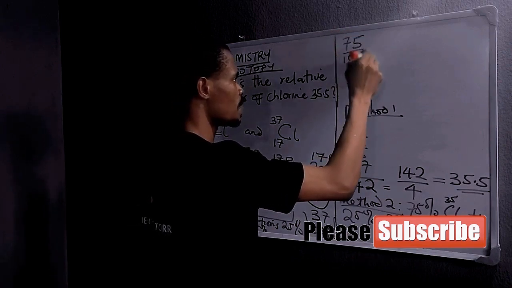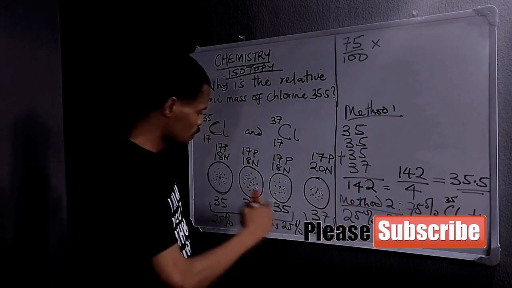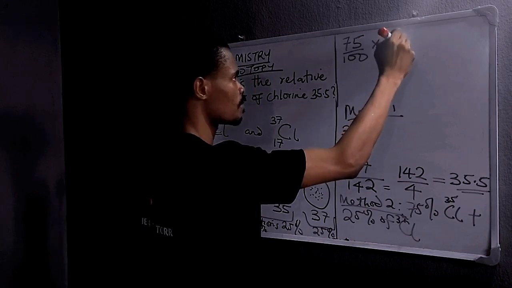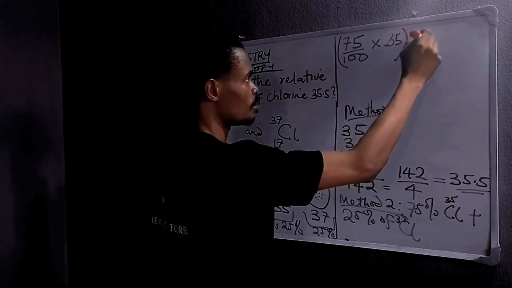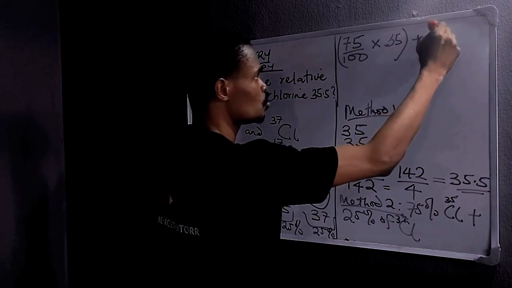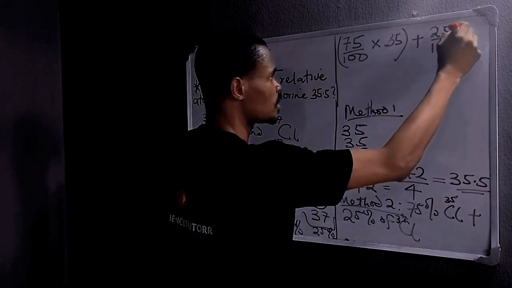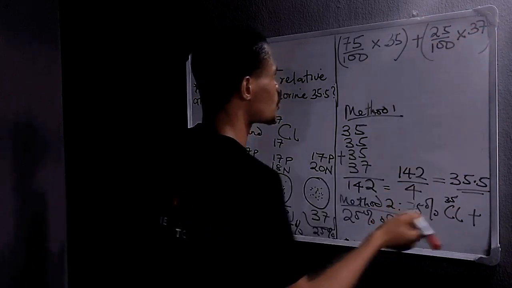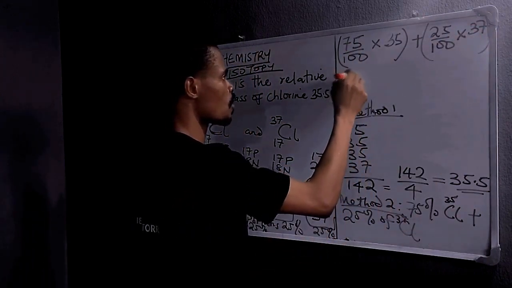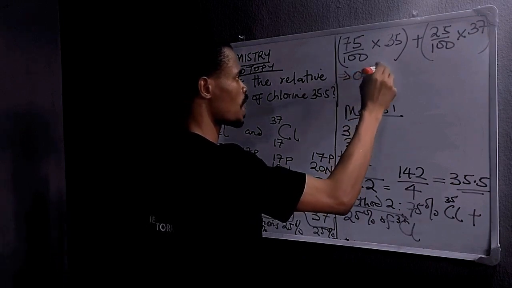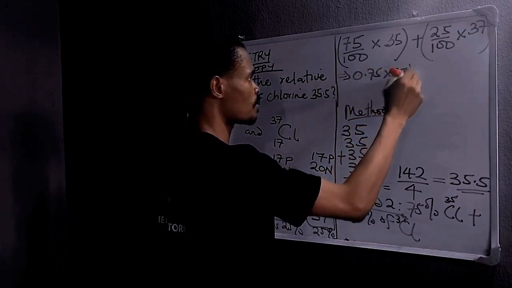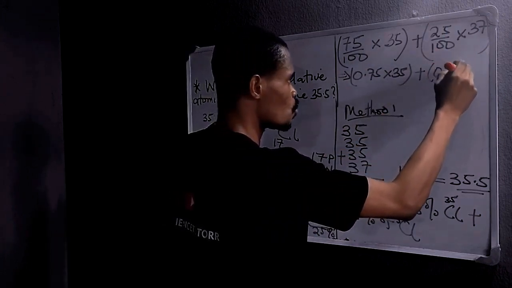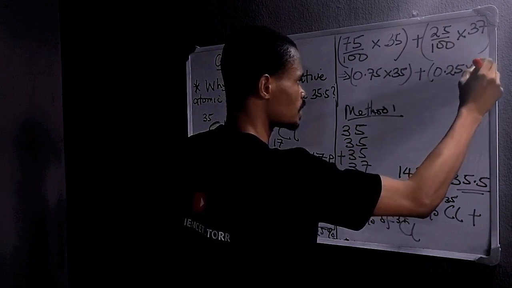Solving this using method 2, we have 75% of chlorine 35 plus 25% of chlorine 37. This gives us 0.75 times 35 plus 0.25 times 37.